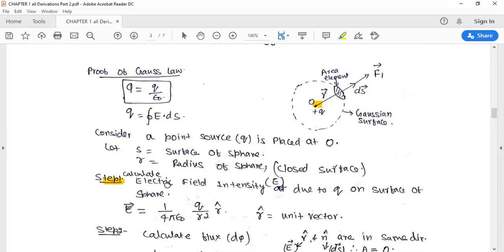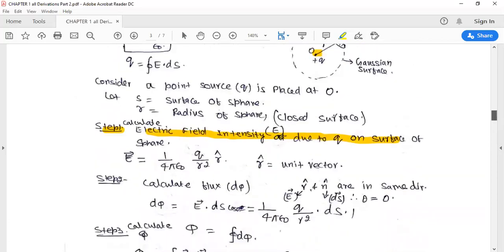Then step 1, you have to calculate electric field intensity due to charge Q. The electric field intensity E due to Q on the surface is given by E equal to 1 by 4 pi epsilon naught Q by R square R cap, where R cap is the unit vector.